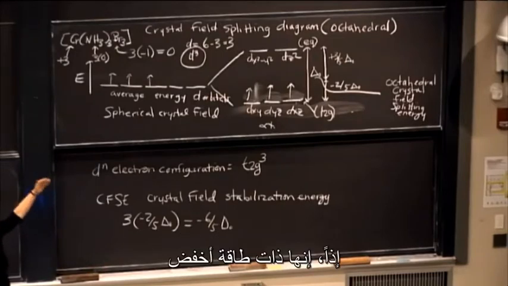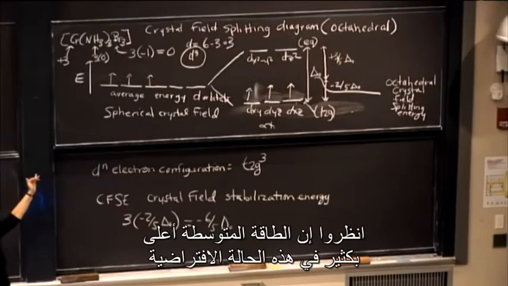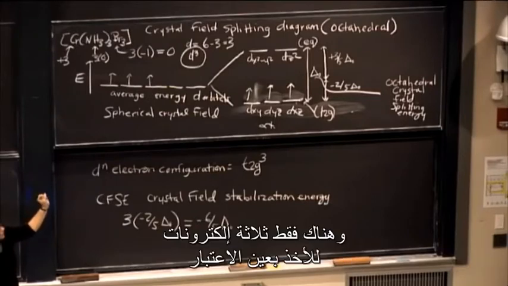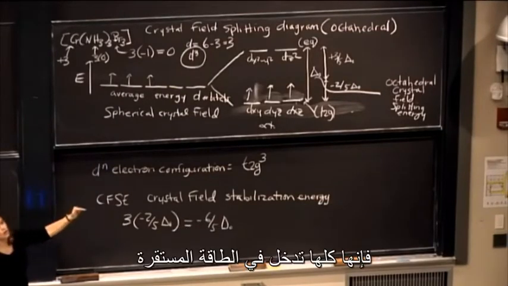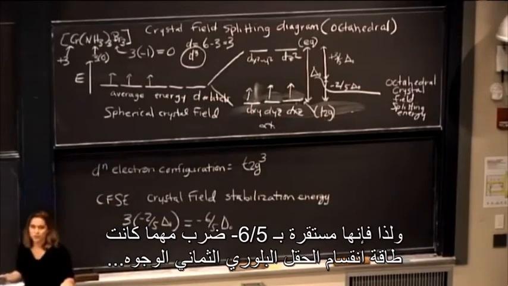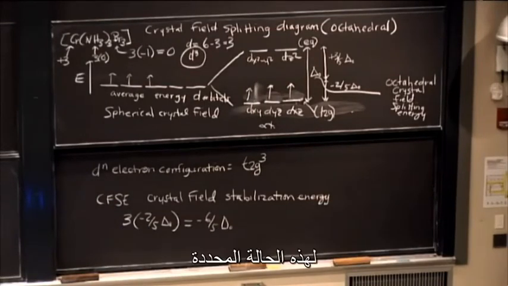So they are lower in energy. The average energy is much higher in this hypothetical case, but because of having this octahedral geometry, and there are only 3 electrons to consider, they all go into the stabilized energy, and so they're stabilized by -6/5 times whatever the octahedral crystal field splitting energy is for this particular case.